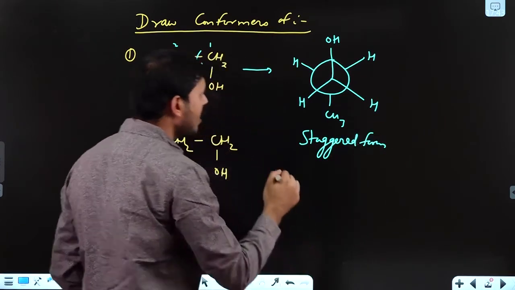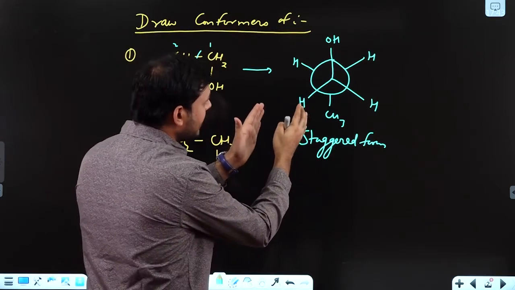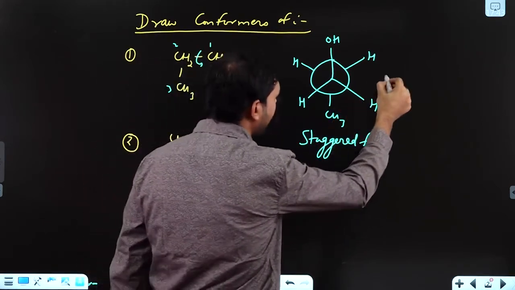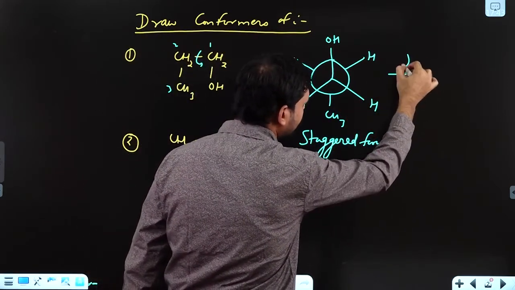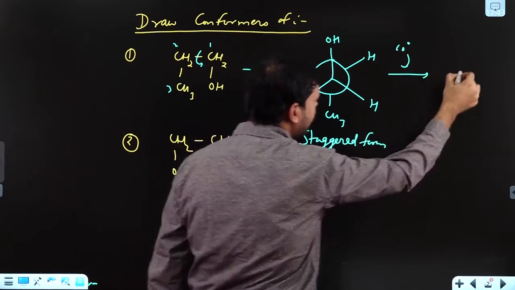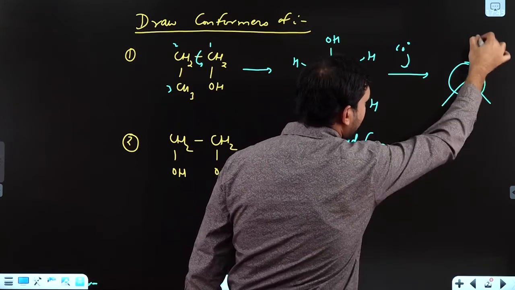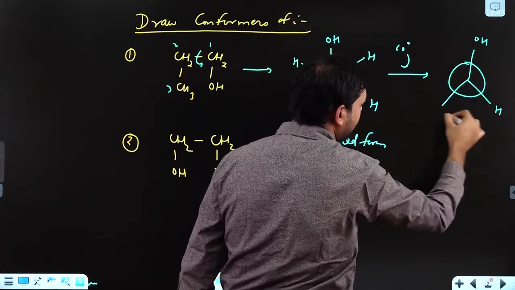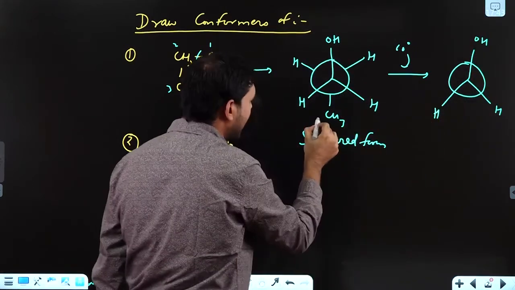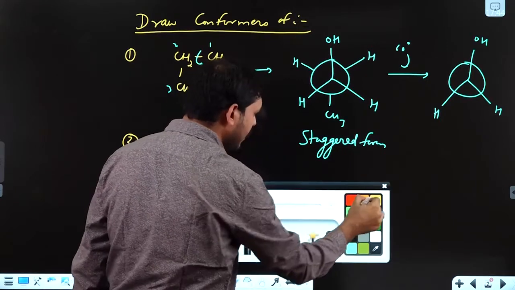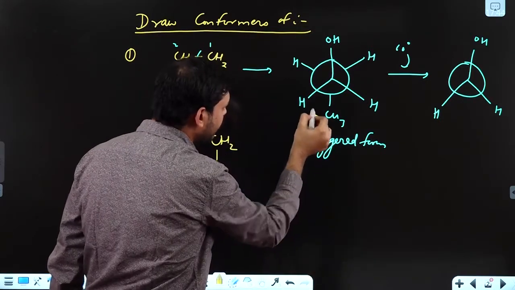Now if I rotate it by 60 degrees, keeping the front carbon as it is and rotating the back, this group moves to this side, this group to this side, and this one to this side.